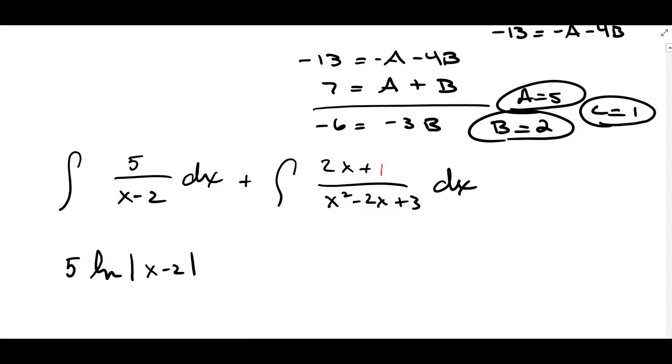Now, here you're going to run into a little bit of an issue again, right? Because if you let u equal x squared minus 2x plus 3, du has to be 2x minus 2. I don't have 2x minus 2. I have 2x plus 1.